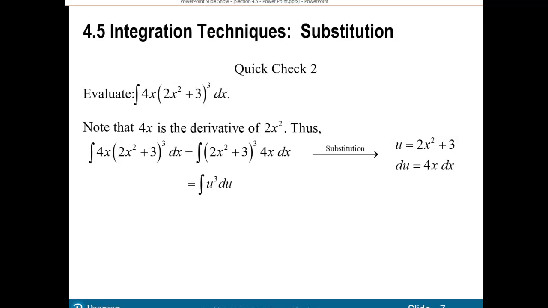Now we've got it simplified. Find the antiderivative, u to the 4th over 4 plus c, and then plug back in your u expression, 2x squared plus 3. So you get 1/4 (2x squared plus 3) to the 4th plus the c.